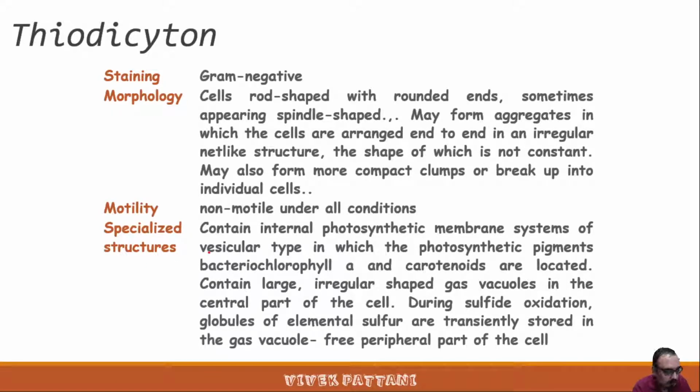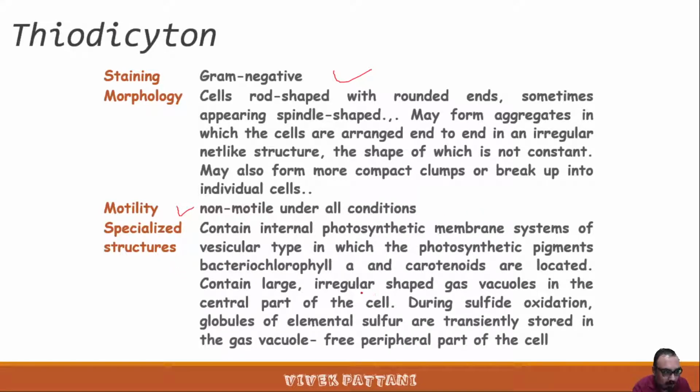The Thiodictyon, which I am going to discuss now, is again gram negative. Sometimes the cells appear spindle shaped and may form aggregates. The cells are arranged end to end in irregular net-like structures. In motility, they are non-motile under all conditions and contain similar structures to those normally found in photosynthetic bacteria.